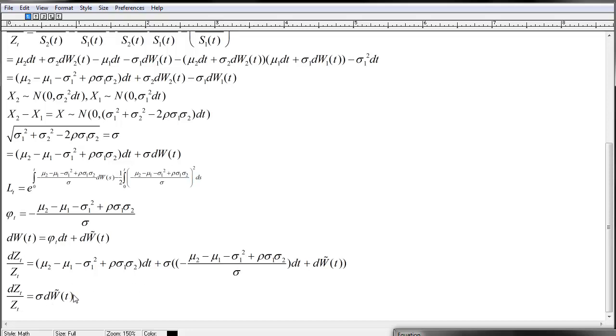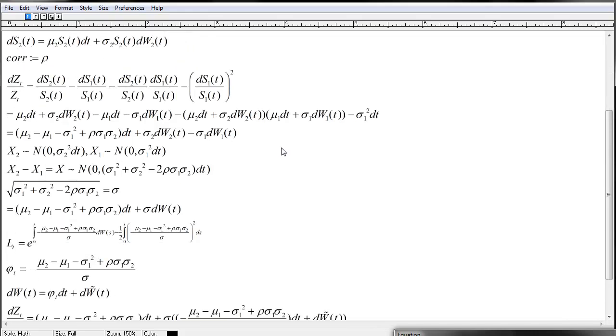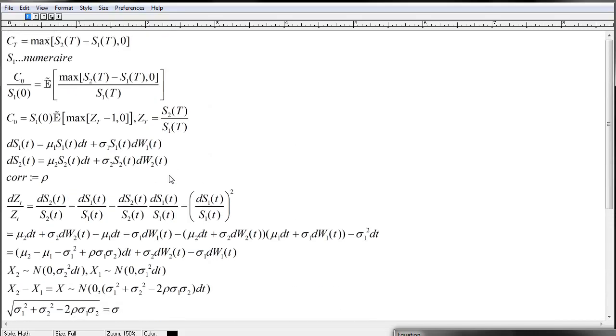Okay, so this is the behavior of the ratio of two stocks under risk neutral measure. So this is what we actually wanted.